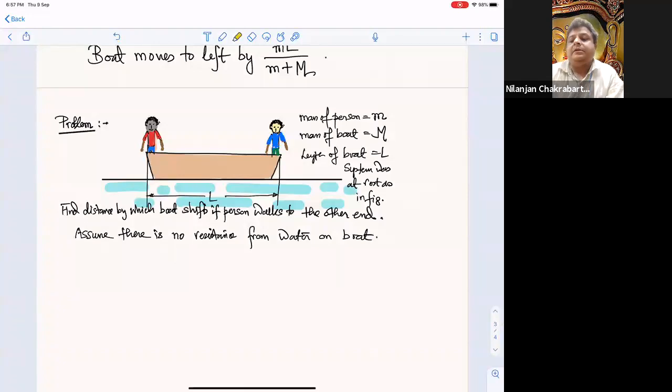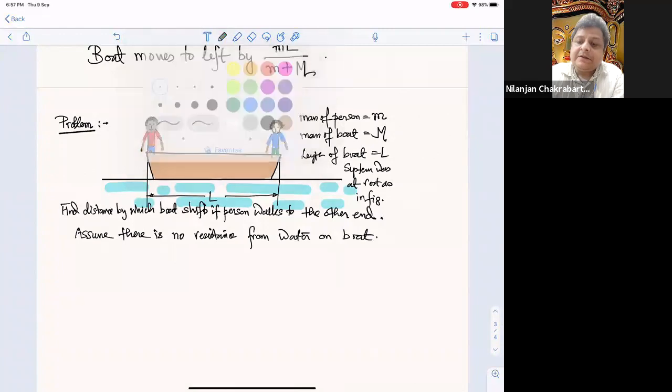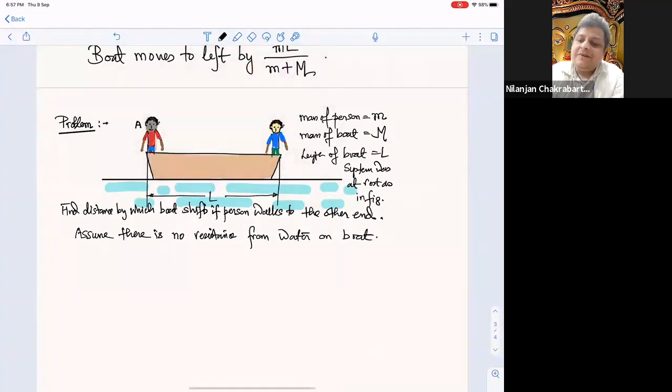Okay. And slightly fair complexion. Name these persons A and B. Their names start with A and B. Okay. Mass of person.